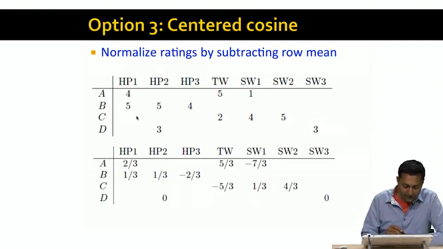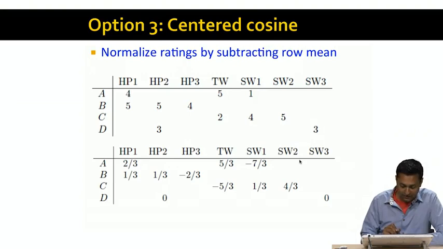A's rating for Harry Potter 1, which was 4, has now become 2 over 3, and 5 has become 5 over 3. And the rating 1 for Star Wars has become a negative rating, negative 7 over 3. Of course, we treat the blank values as zeros.